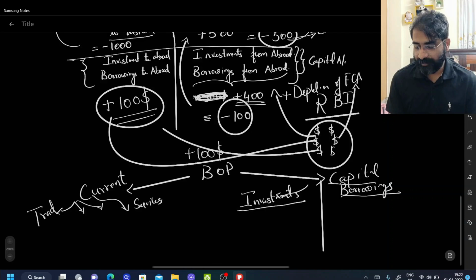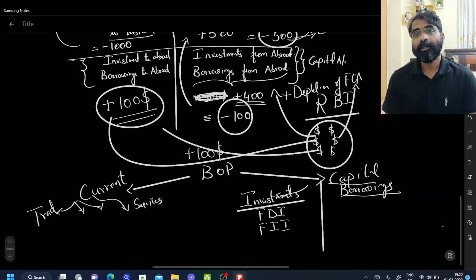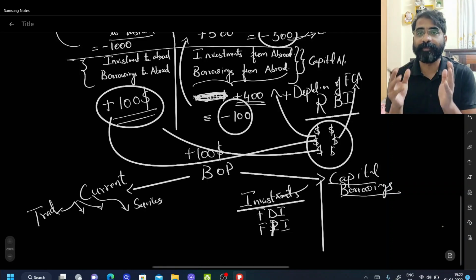So when I say investments, FDIs will move into India. It can be foreign institutional investments, etc. Now FDI and FII, or I will use the word portfolio, the wider perspective, portfolio.